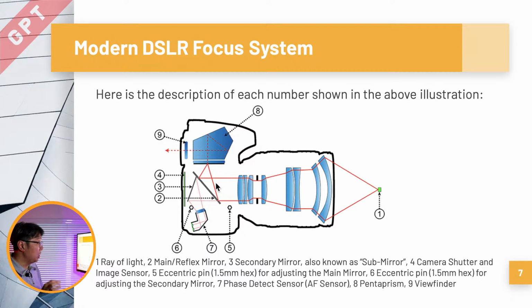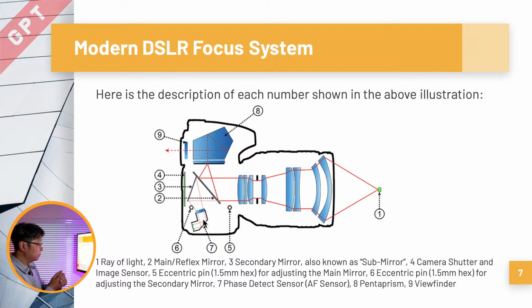But actually, a little bit of light will pass through this mirror and go to our focus sensor, or what we call the phase detect sensor. Different camera companies might place this sensor in different areas, but most likely it is in this way, which is the traditional way.